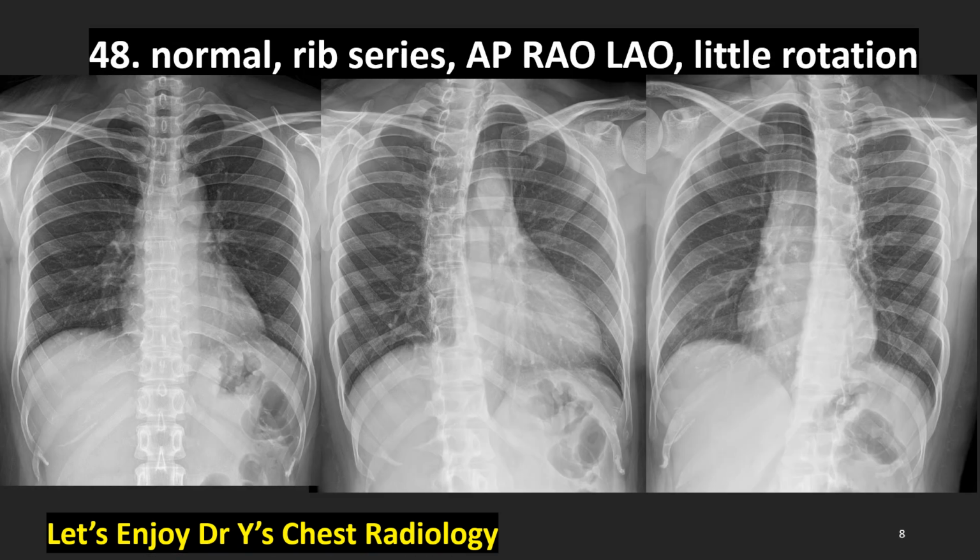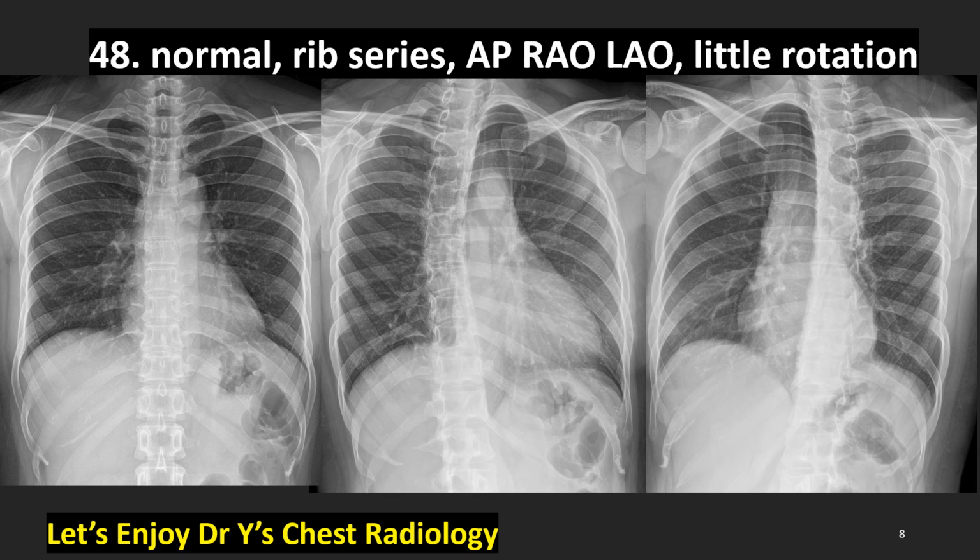These are usual images called rib series, composed of 3 images: anterior posterior, right anterior oblique, and left anterior oblique images. Why do we need these 3 images? Because rib fractures are 3-dimensional data that can sometimes be seen only in a single view, not in all three images.